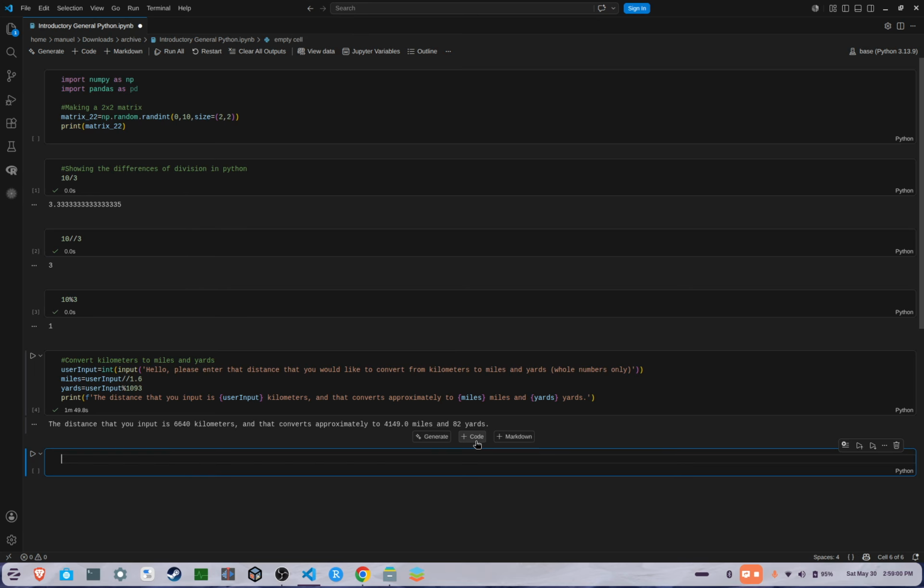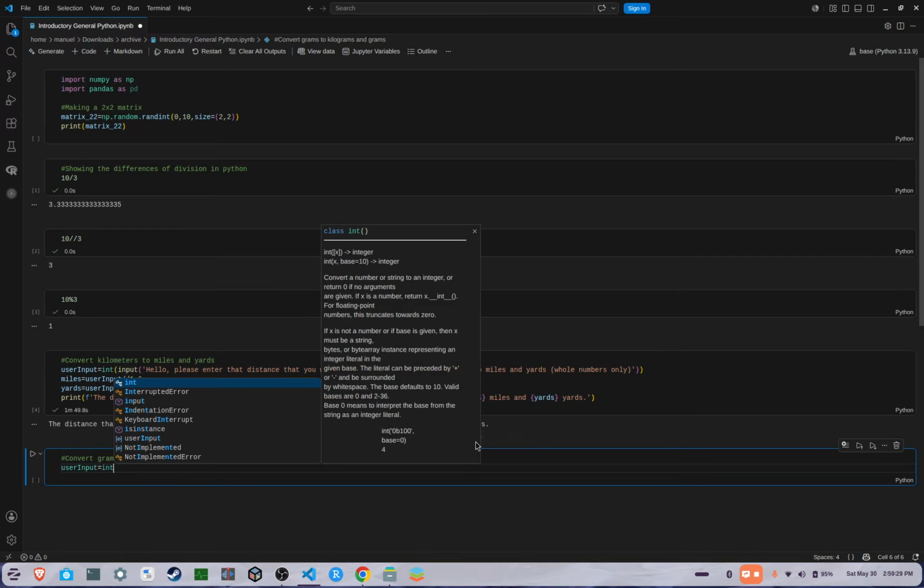Another example would be converting weight. Convert grams to kilograms and grams. So let's take the user input again. Int.